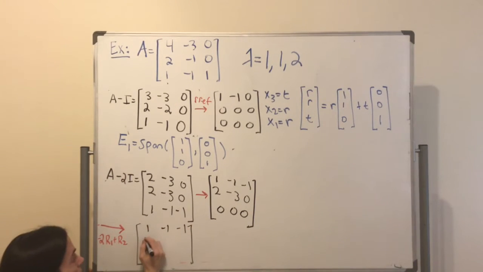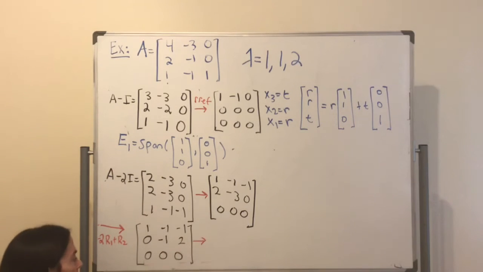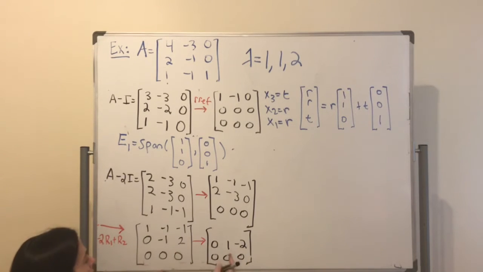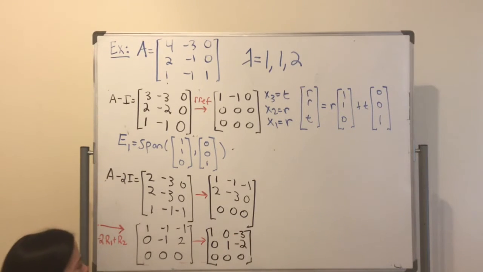I get 0, I get minus 1, and then I get 2. Multiplying through by minus 1 is 1 step, and then adding, technically it's 2 steps, but I will do them as 1. Then I will be in reduced row echelon form. So this will be this. And then, for instance, I can add this row to this one. I get like this.